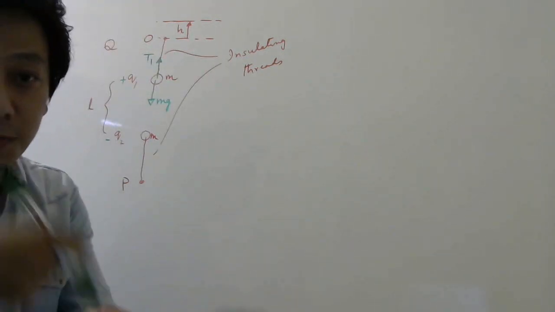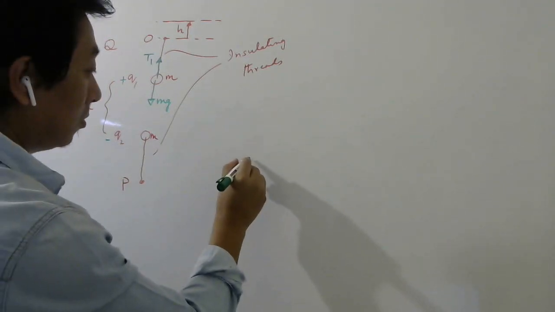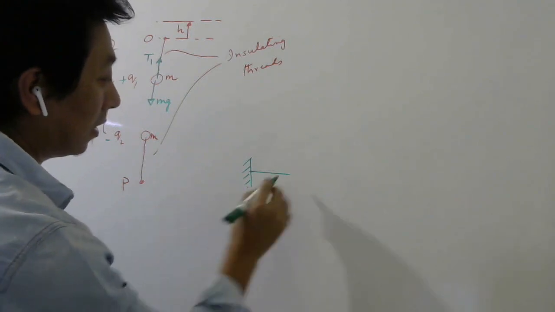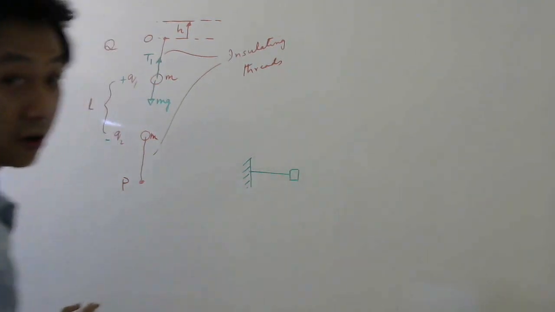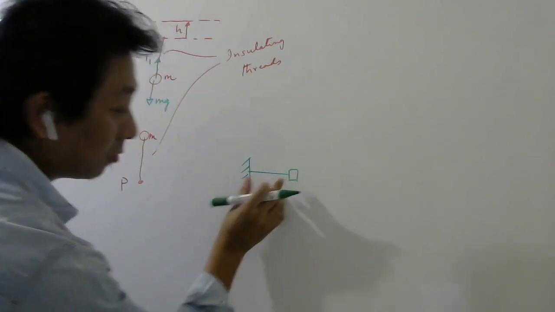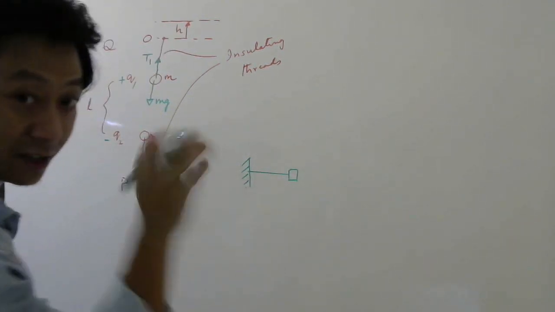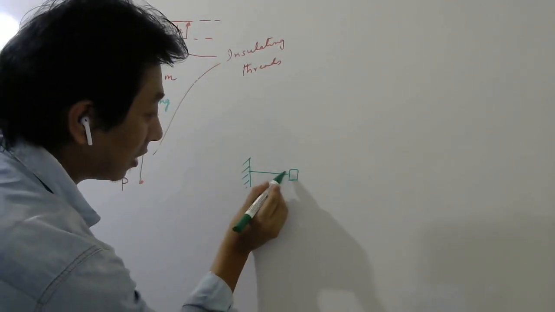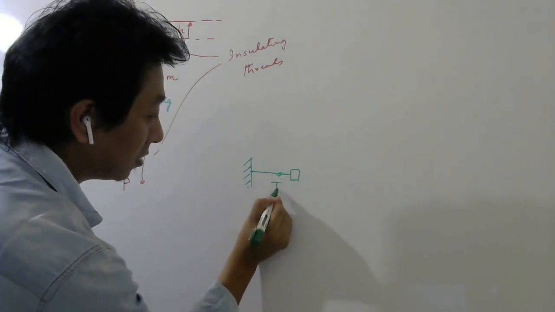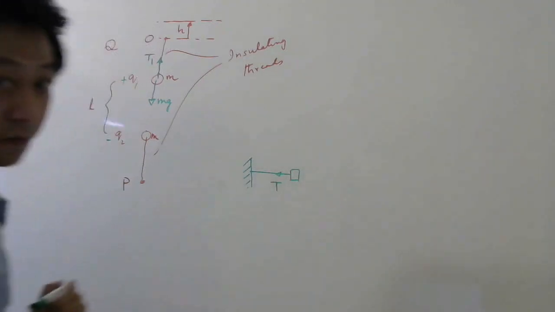Because tension is a pulling force, right? Suppose there is some wall, and you take this body and pull it this side. Only if you pull will the wire be tight, and then tension will come. If I ask you to show the tension force here, it will be this way. So this is the tension on the block.